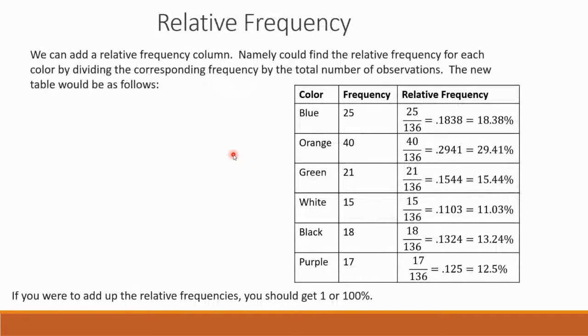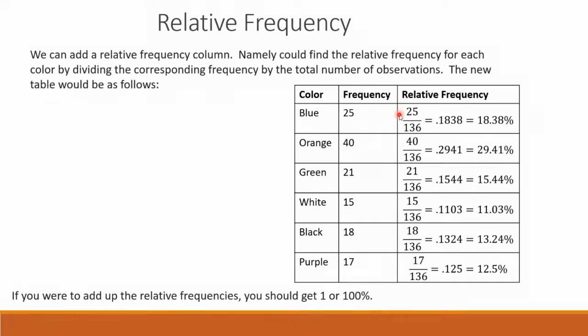Now for relative frequency, you could do something like this. If you were to add up the frequencies, you would have 136. For blue, the relative frequency is 25 divided by 136. For orange, it would be 40 divided by 136.